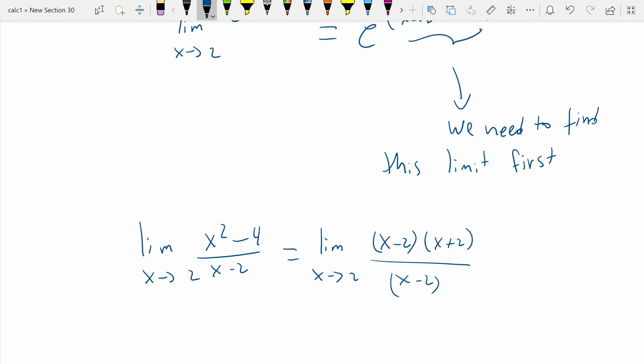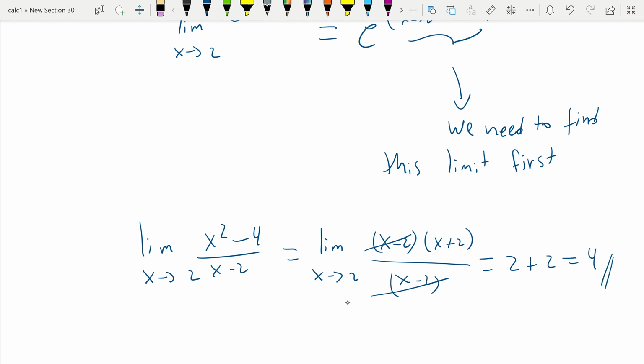Remember that x minus 2 is not equal to 0 because we are not letting x become equal to 2. So this can be cancelled out. We simply get the limit of x plus 2 when x approaches 2. That's well defined. It's a polynomial. It's continuous, so we can just substitute the value 2 to get 2 plus 2, which is 4.